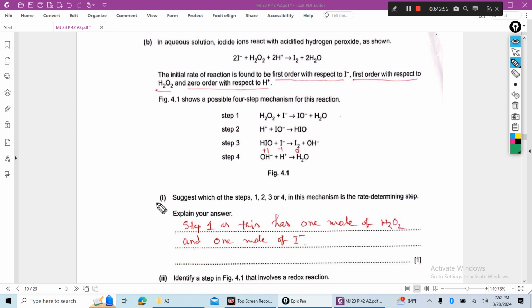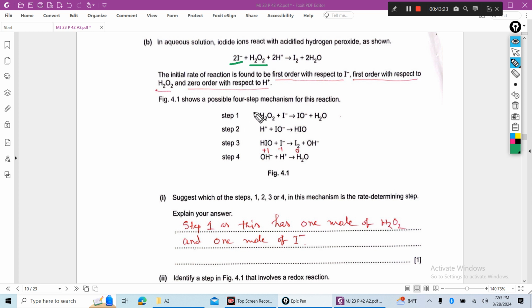Now you are asking 1, suggest which of the steps 1, 2, 3 or 4 in this mechanism is the rate determining step. And you know, the rate determining step involves hydrogen peroxide first order, iodide first order.